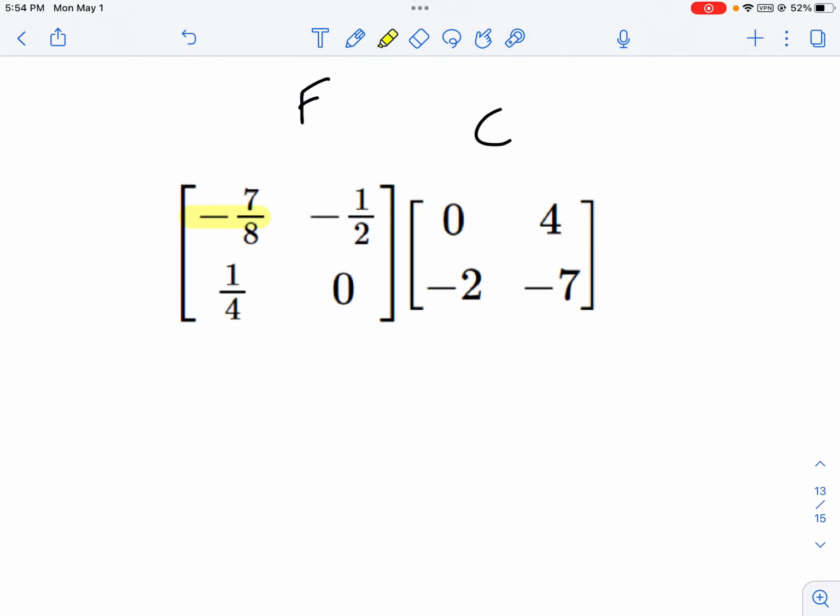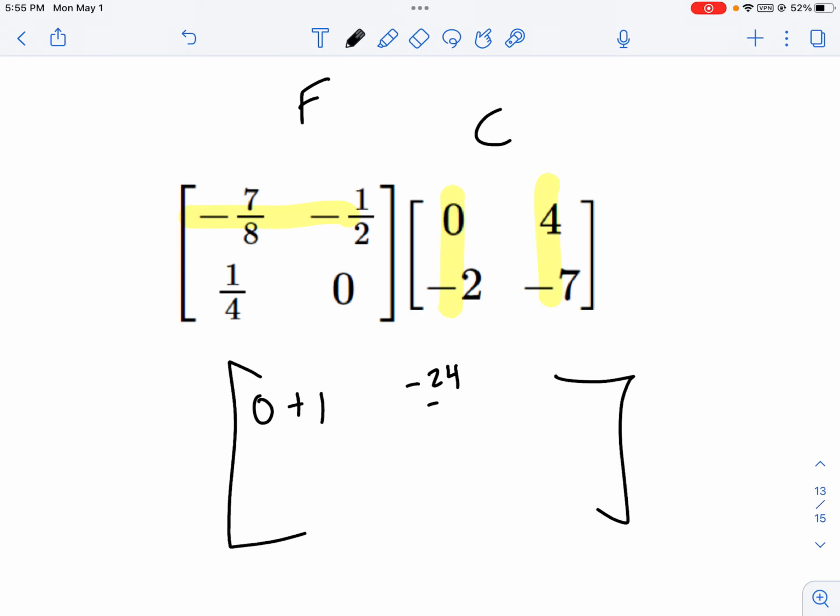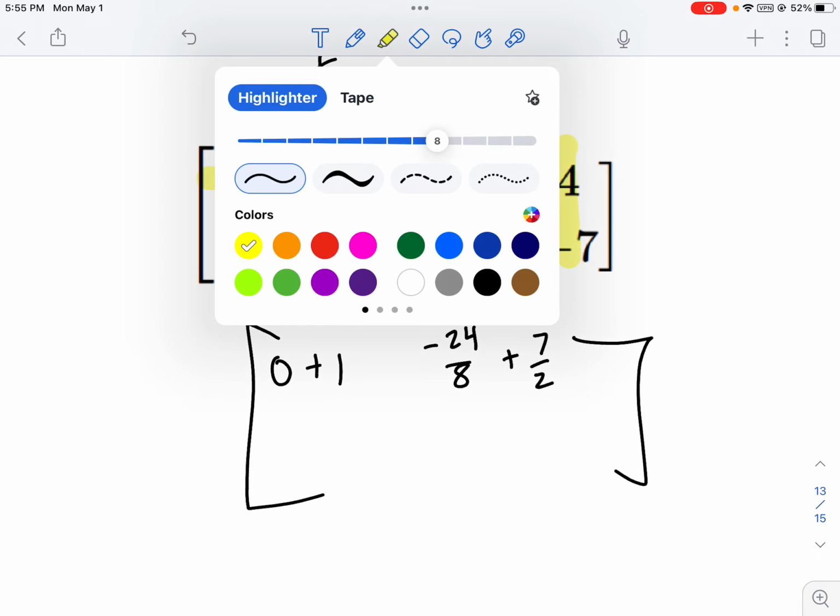So first row, first column, that'd be 0, and then negative 1/2 times negative 2 is 1, so 0 plus 1. Then we go to the second column. That would be negative 24 eighths plus 7 halves is that one. And then we would continue on.